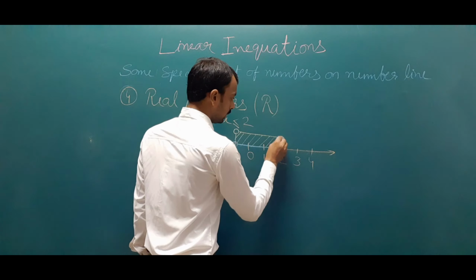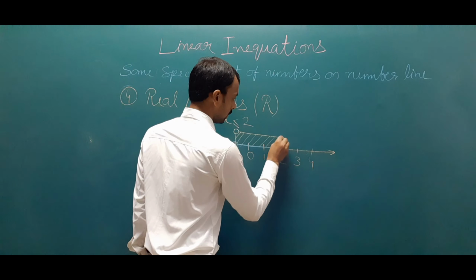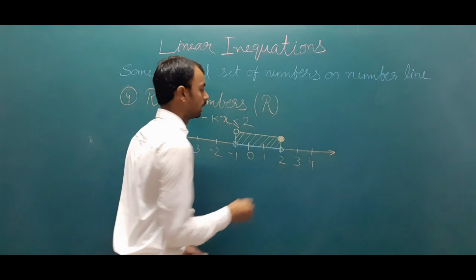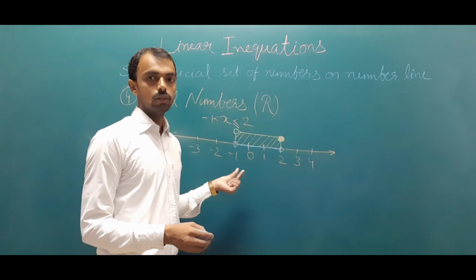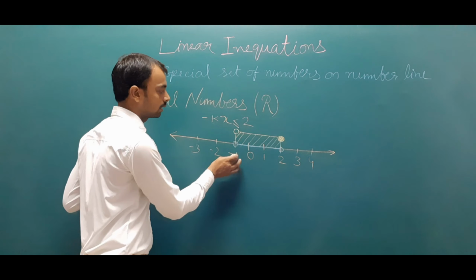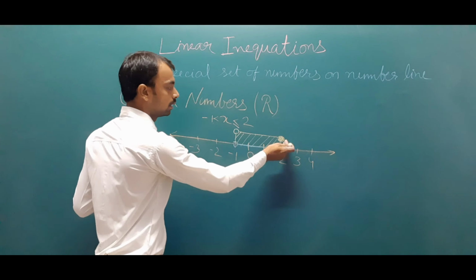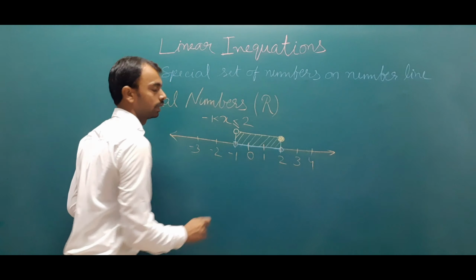This circle will be darkened, and the darkened circle shows that this value is also included in the solution. One side, -1 is not included, but this side, 2 is included.